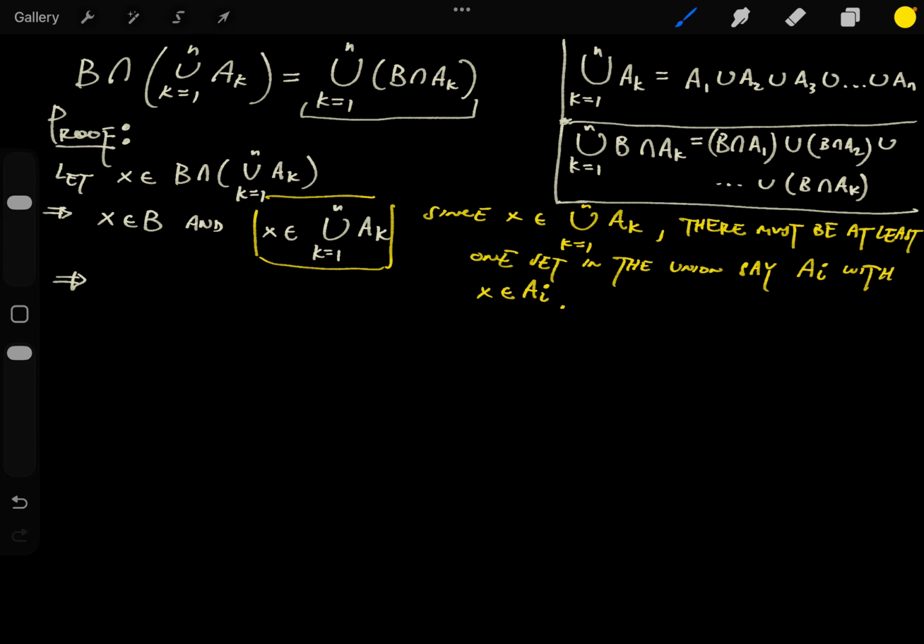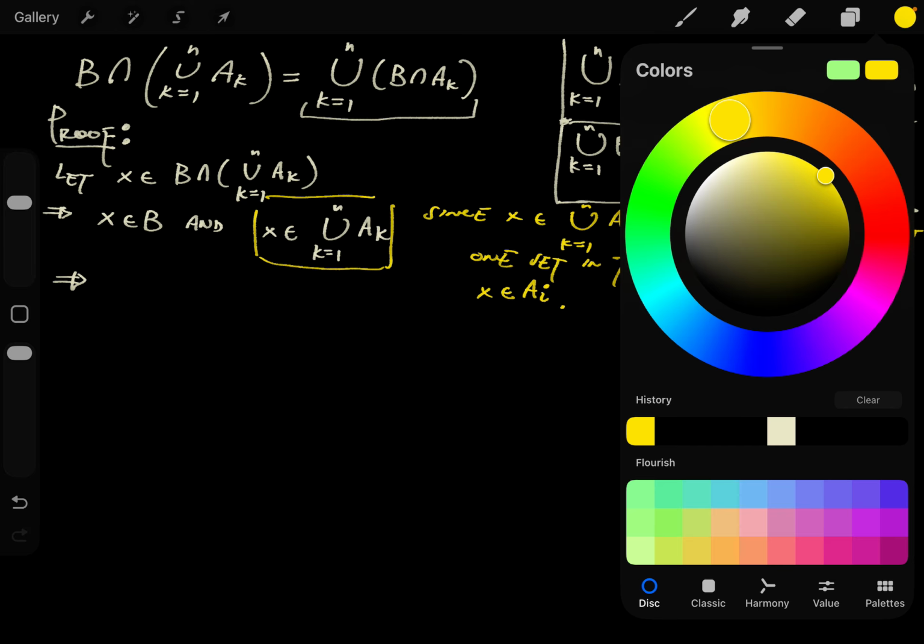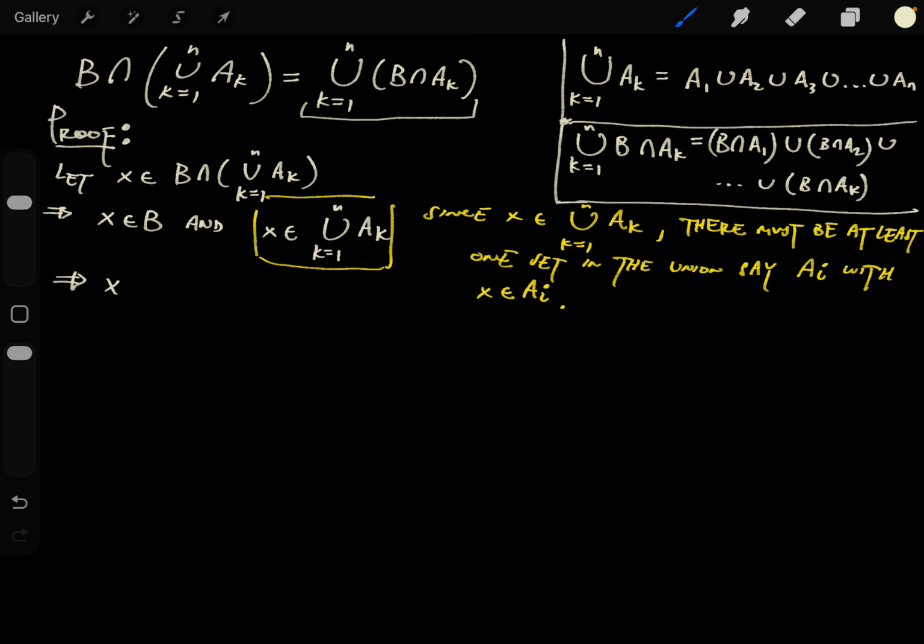Okay, so that means that x is going to be in B, and x is contained in A sub i, at least some A sub i, okay? Now, if x is contained in B and x is contained in A sub i, x is in the intersection between these two.